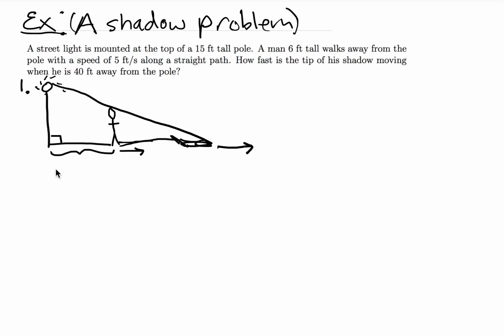What I'll suggest, having looked at this problem a little bit before you guys, is that we interpret this in terms of similar triangles. Reason being, if I draw in a segment, say parallel to the ground, connecting the top of this guy's head to the lamppost, I get another similar triangle up top here.